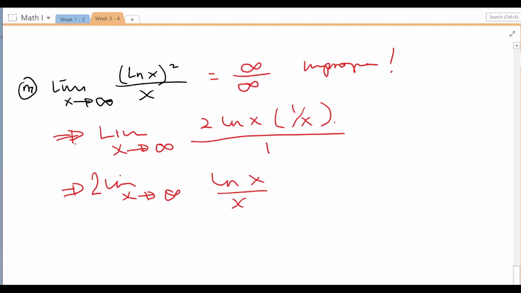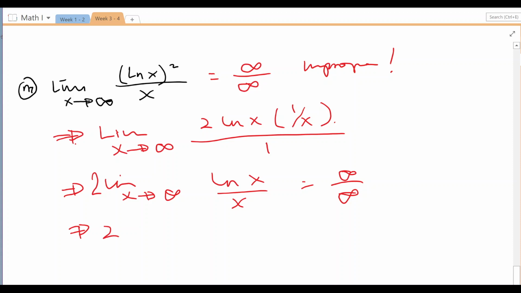If we do direct substitution, we get infinity over infinity also, and therefore we need to take the derivative.